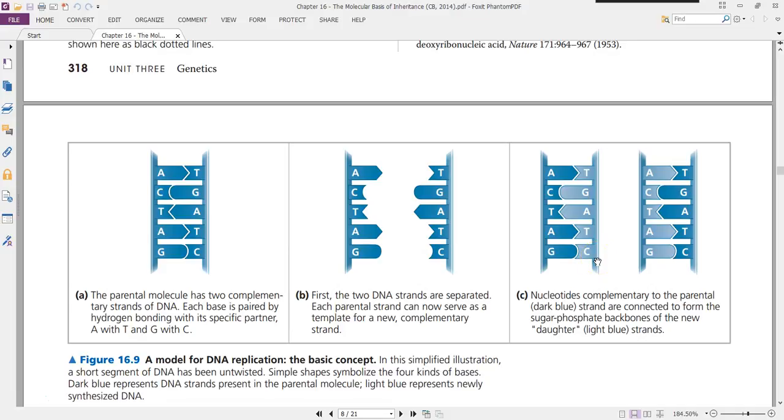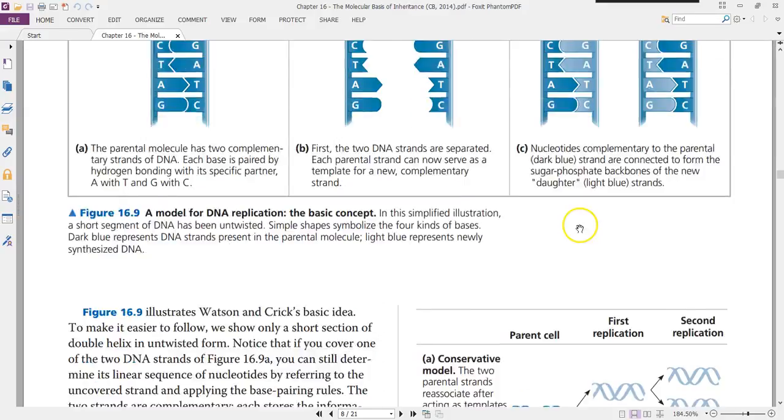And we call it semi-conservative because half of the parental DNA molecule is preserved in each of the daughter DNA molecules. Now, where does this new DNA that makes up the daughter DNA molecules come from? Well, it comes from the food that you eat, because pretty much all the food you eat contains DNA, and the nucleotides in that DNA are pulled apart and then used to build new DNA inside your cells.